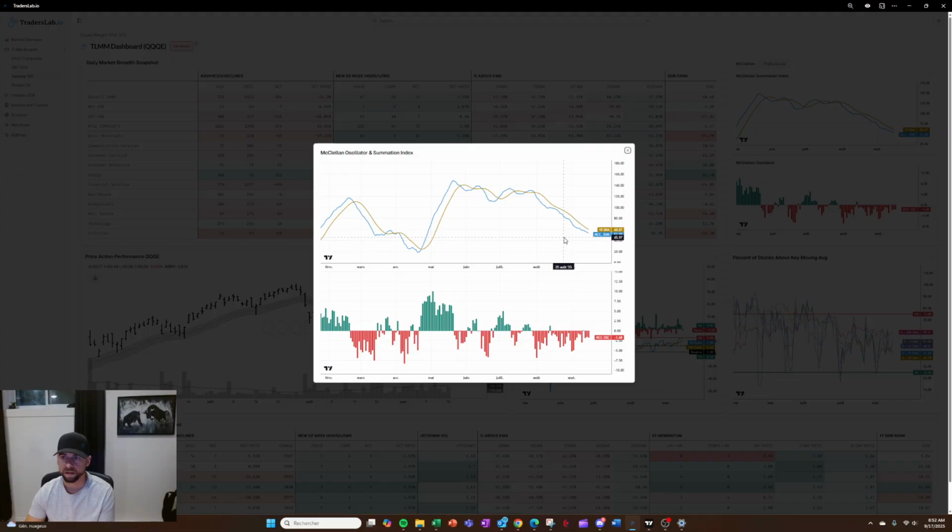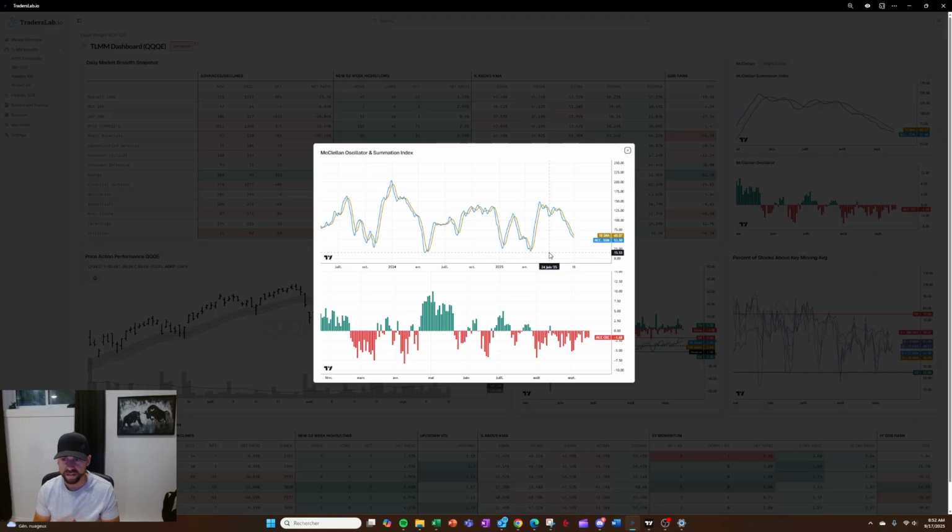Like we discussed, breadth is pretty poor. There are two sides to see this. Either it's a negative divergence and the market is slowly breaking down under the surface and the indices will catch up.